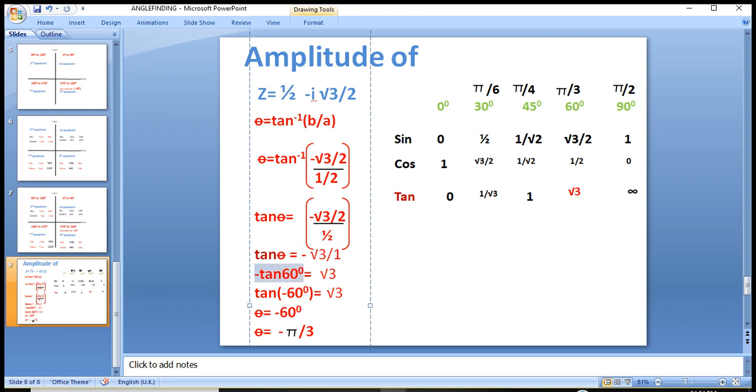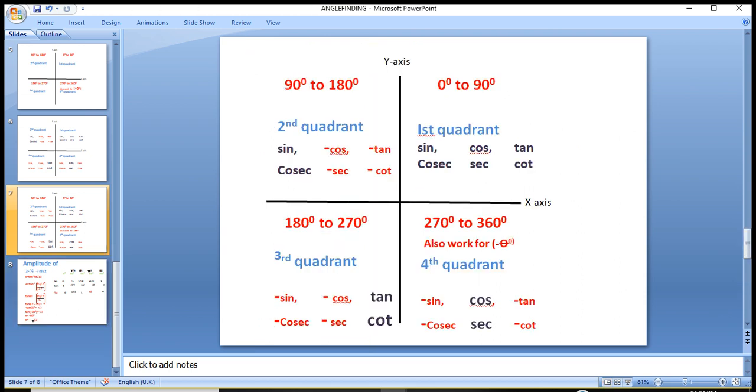So these values work for minus theta degrees. It means our angle is between 270 and 360, or simply a single angle. So we can write minus tan in this way.